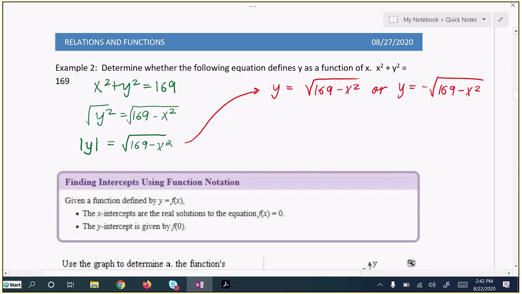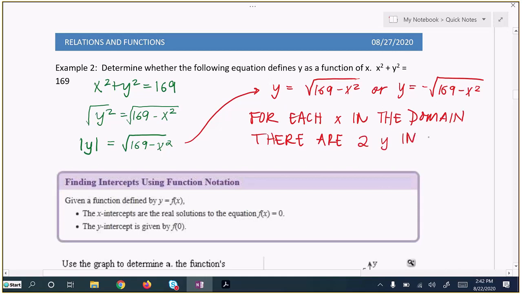So I see that for any particular x, I'm going to get two different choices for y. So for each x in the domain, there are two y in the range of this relation.